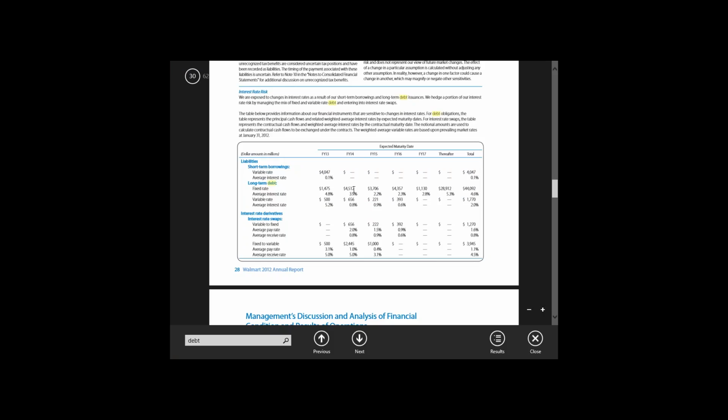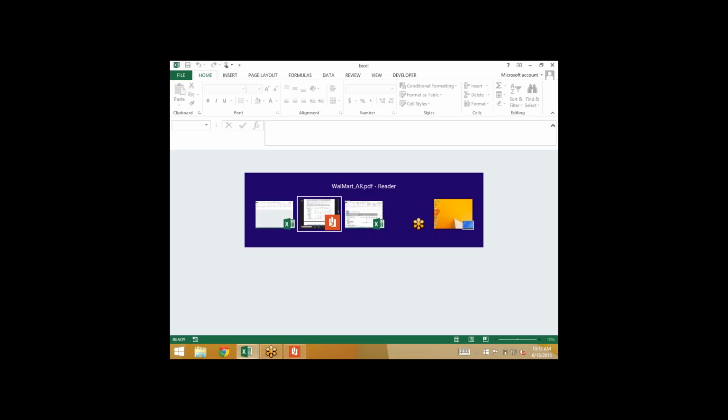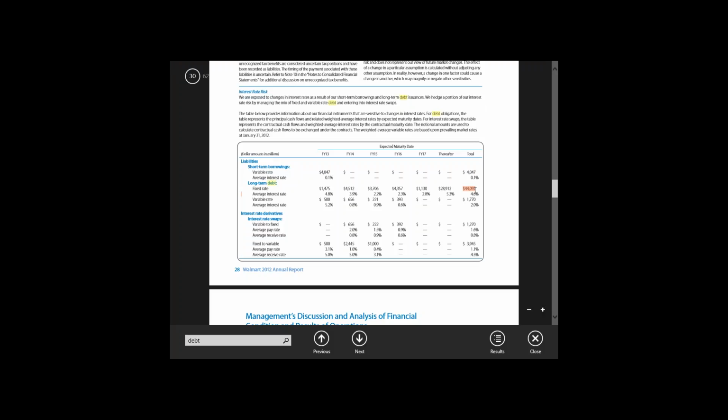This is what's coming due in 2014, 15, 16, 17, thereafter, giving you a total balance of 4492, 1770. This is separated. If you pull out the 1975, it does not come to 44070, or at least I didn't get it to. Maybe it does.